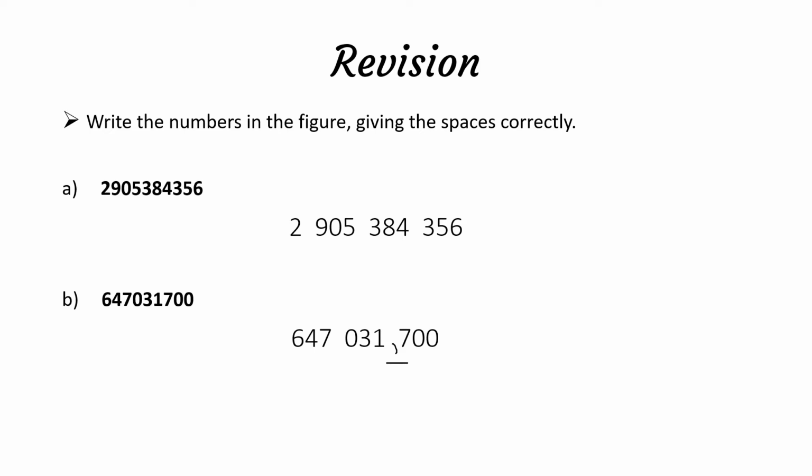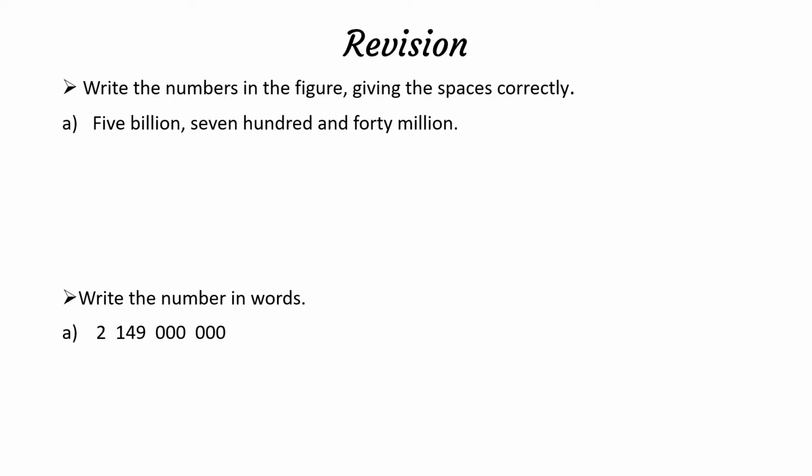Let's do some more questions. Okay, write the numbers in the figure giving the spaces correctly. In the first part you have to write this number into figures. Here it is written in words: 5,740,000,000.